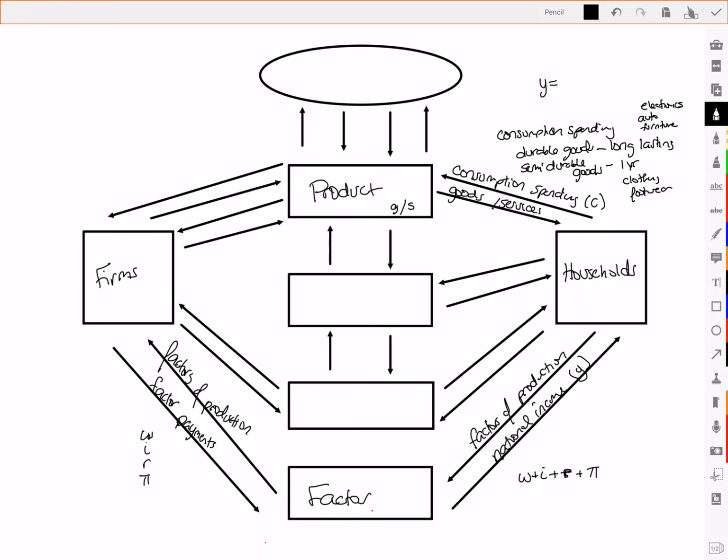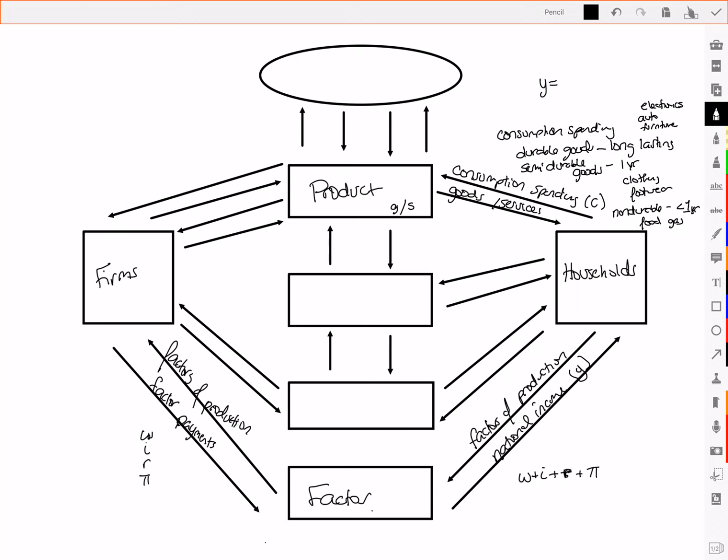Then we have non-durable goods. And non-durable goods last less than a year. This would be food, gas, things we use up rather quickly. So as we look at our consumption spending, we can identify different types of goods: durable, semi-durable, and non-durable.